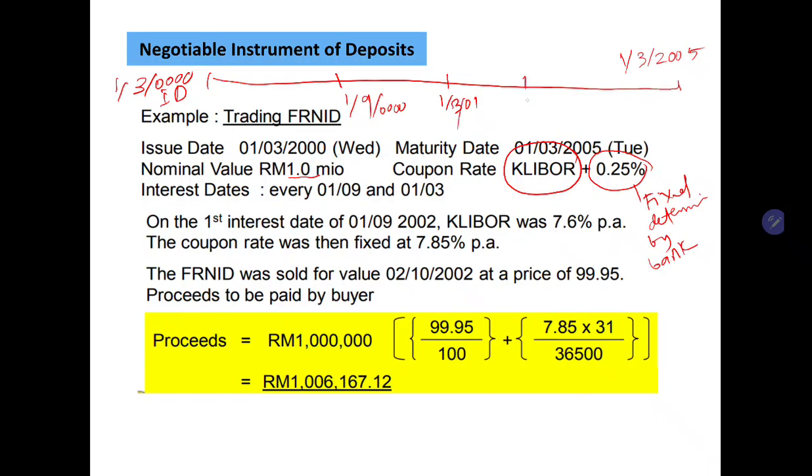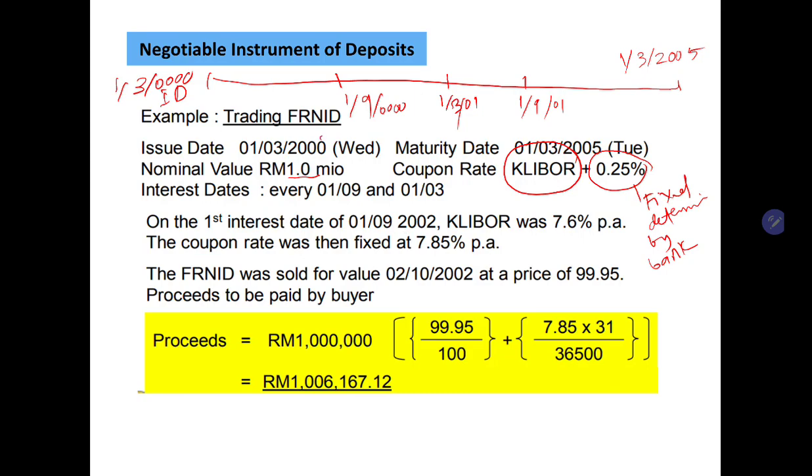The next will be the 1st of September 2001, until 2005. Meaning that this FRNID pays interest 2 times a year, every September and every March.